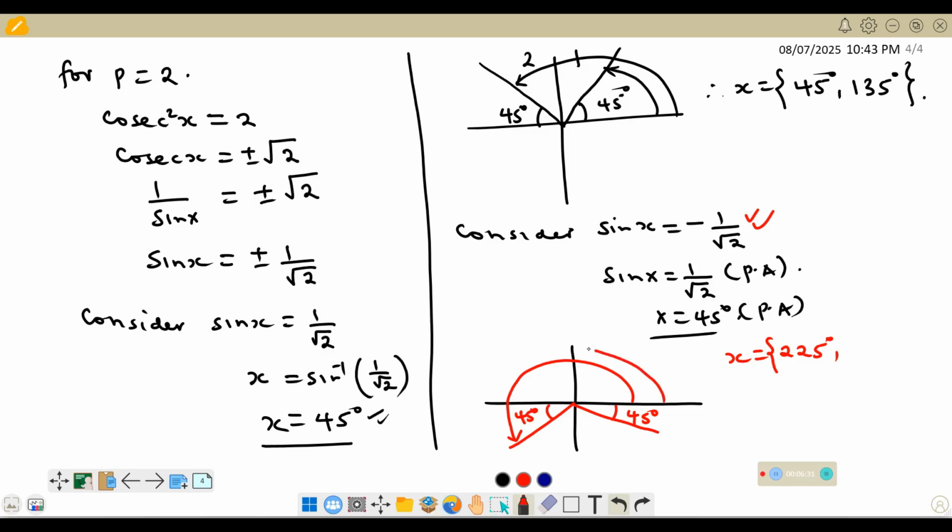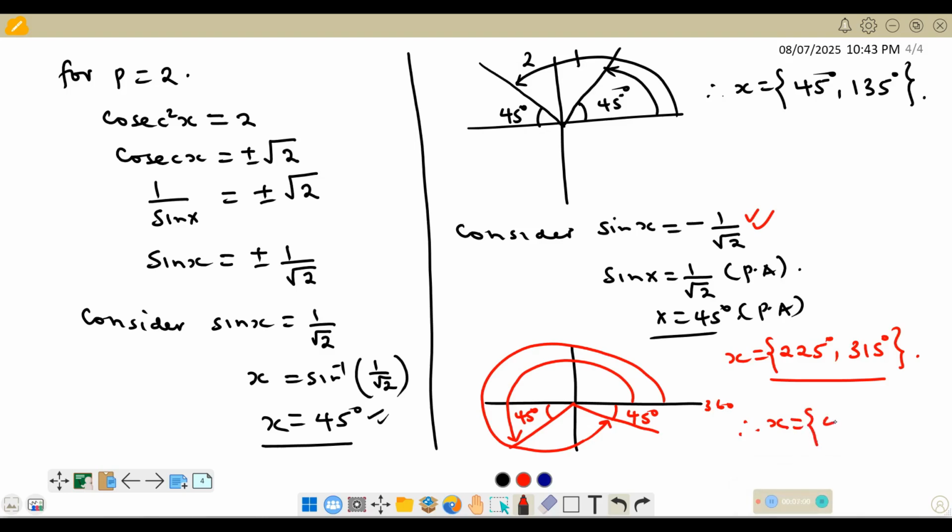And the last one will be from here up to this given point, and that value will be 360 minus 45 degrees, which is 315 degrees. So in total we get the angles as 45 degrees, 135 degrees, 225 degrees, then 315 degrees. So that is for the case when you consider p as 2.